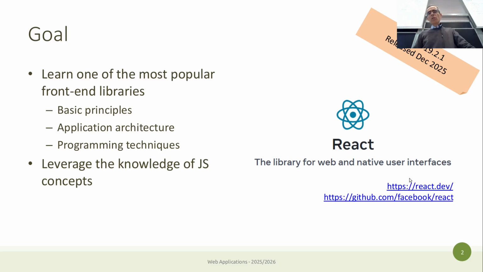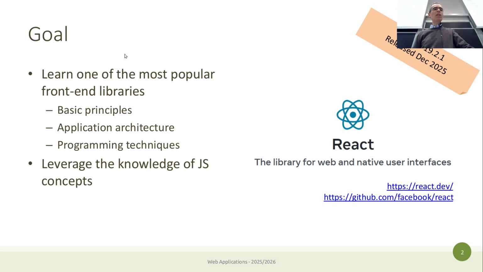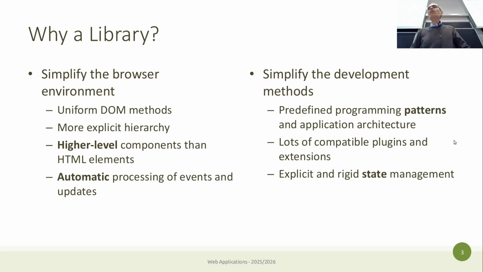There's a lot of documentation around. You can find the source code as well, on Facebook/React. I'm not asking you to read the source code, of course, because we need to understand the principles and then use the library in the most effective way we can.